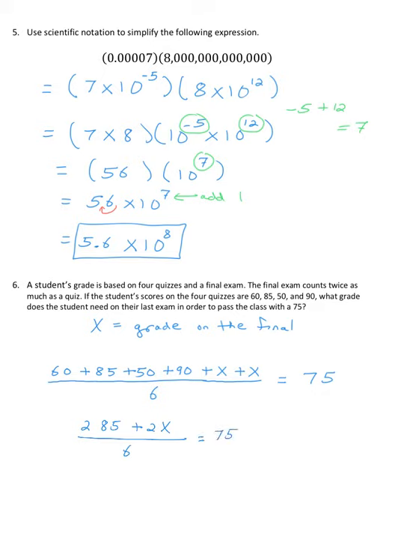I will now multiply both sides by 6 to cancel the denominator on the left. I get 285 plus 2x is equal to the product of 75 and 6, which is 450.